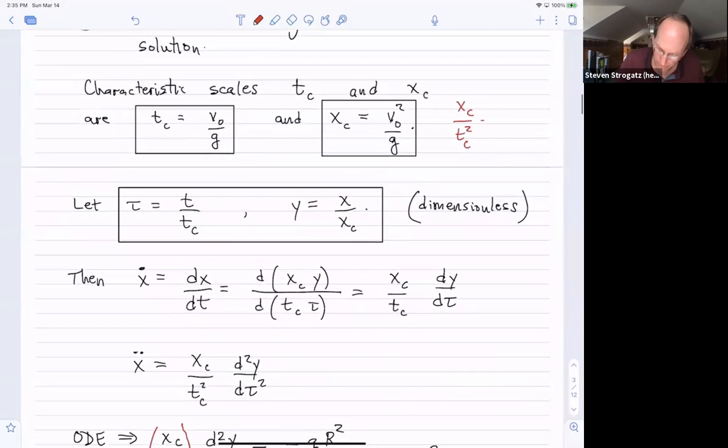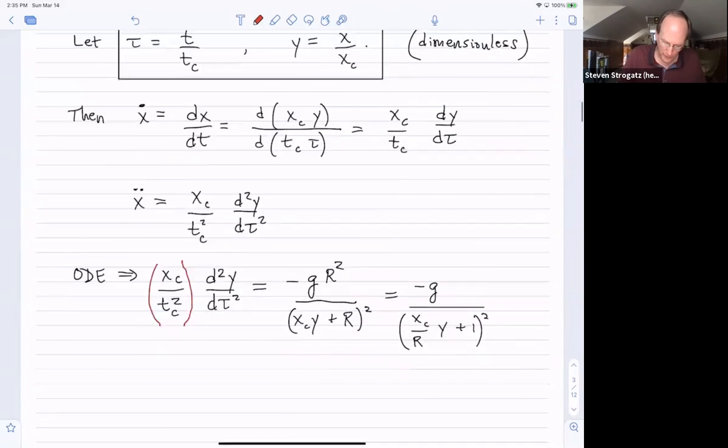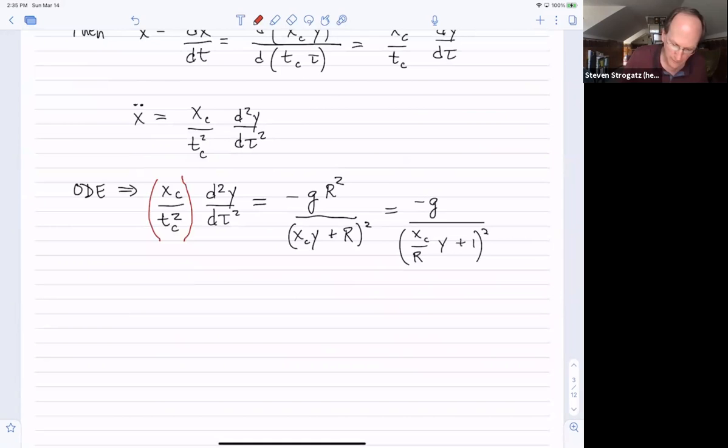So it's got to be g, doesn't it? And this is going to be v0 squared over g. That's my xc. And then the tc squared in the denominator would put a g squared up here and a v0 squared down here. So the whole thing is g. Right. So it's what we would have expected.